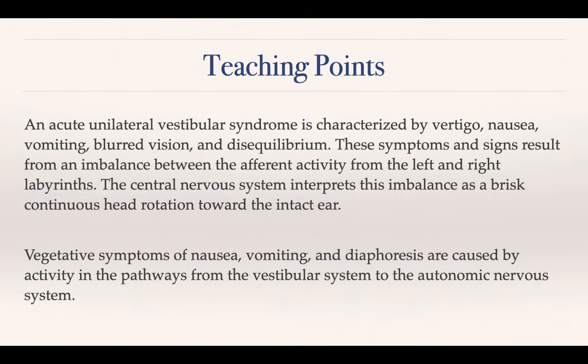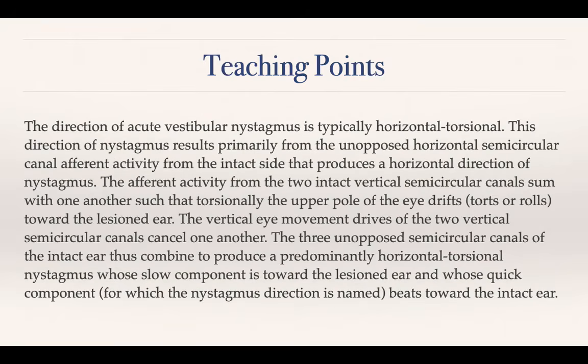Vegetative symptoms of nausea, vomiting, and diaphoresis are characterized by activity in the pathways from the vestibular system to the autonomic system. The direction of acute vestibular nystagmus is typically horizontal torsional. This direction of nystagmus results primarily from unopposed horizontal semicircular canal afferent activity from intact sites that produces a horizontal direction of nystagmus.